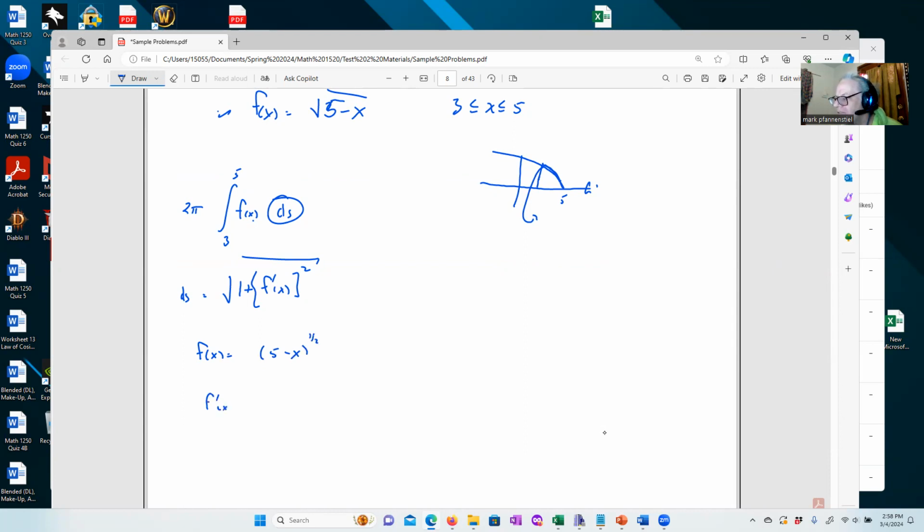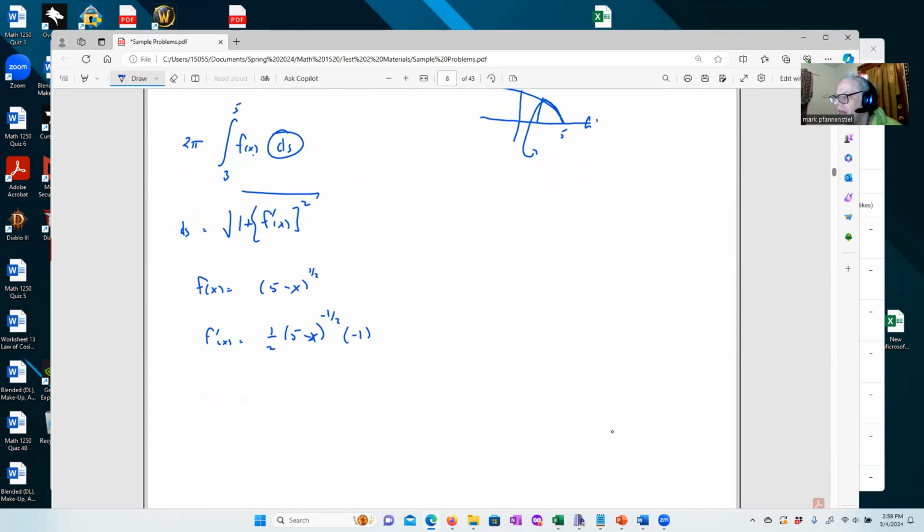F prime of x is equal to 1/2, 5 minus x to the negative 1/2 times the chain, which is negative 1. And now we are going to square this thing. So the chain of negative 1 isn't really going to matter too much, but it's going to be 1/4 times, if I square this thing, it's just going to be 5 minus x on the denominator, and the negative 1 squared is just going to be 1.